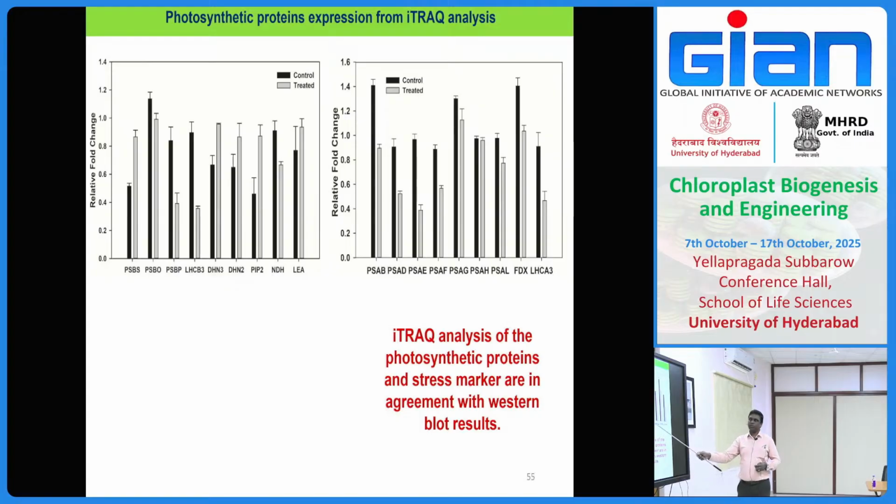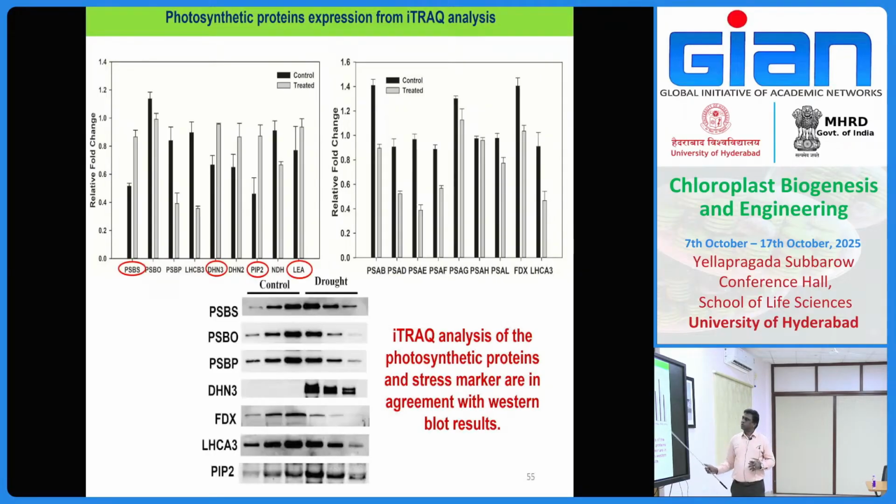These are all photosynthetic proteins: PSAB, that means photosystem 1, photosystem 1D, photosystem 1E, photosystem 1F. They are all significantly decreased, which is in agreement with the other biochemical data.